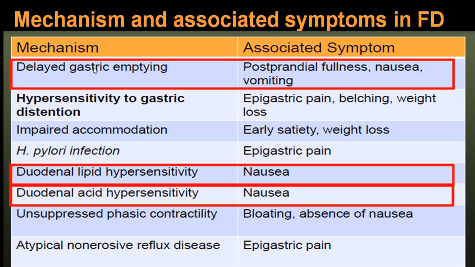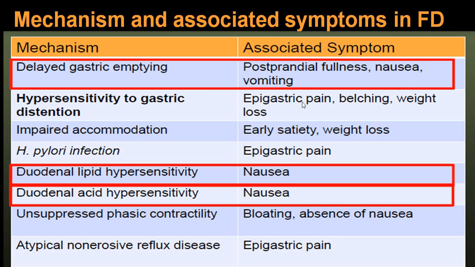So all this: delayed gastric emptying, hypersensitivity to gastric distension, impaired accommodation, H. pylori infection, lipid hypersensitivity, acid hypersensitivity, unsuppressed phasic contractility, and atypical non-erosive reflux disease, etc. And conversely, here is what symptoms will be produced by what mechanism. Delayed gastric emptying will produce postprandial fullness, nausea, vomiting.